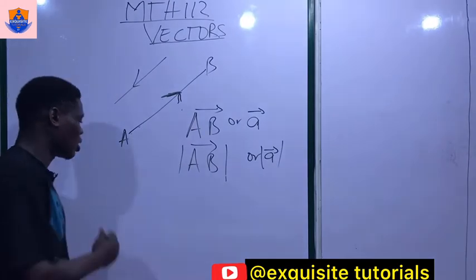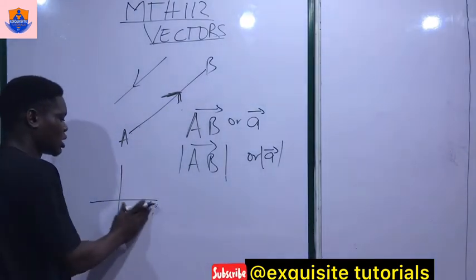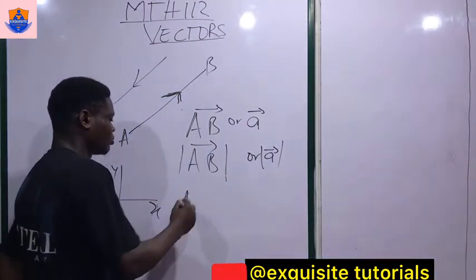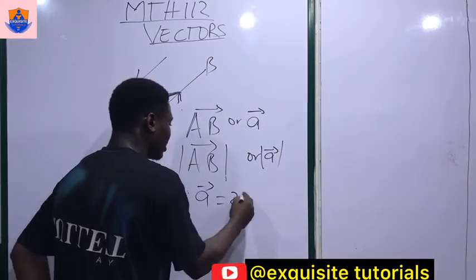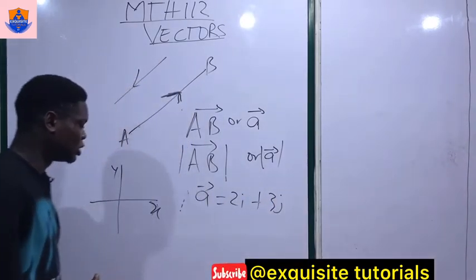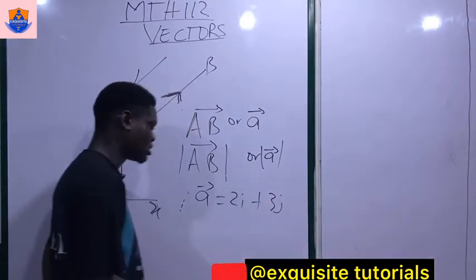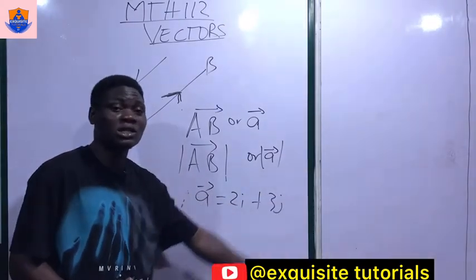Let's consider our x and y plane. These are our x axis and our y axis. And we have a vector A, 2i plus 3j. What this i means is your x-axis, and this j is your y-axis. There's also another axis which is your z-axis, represented as k.